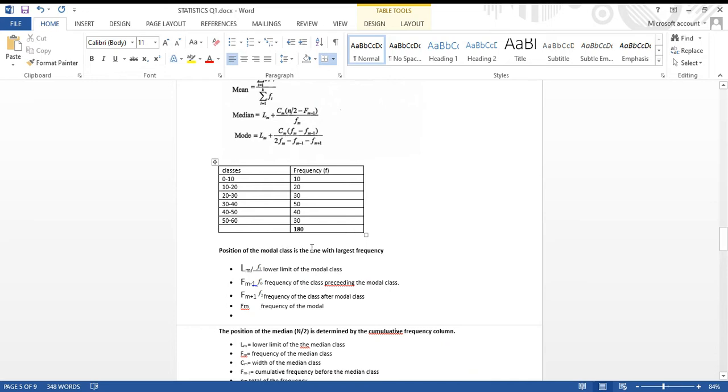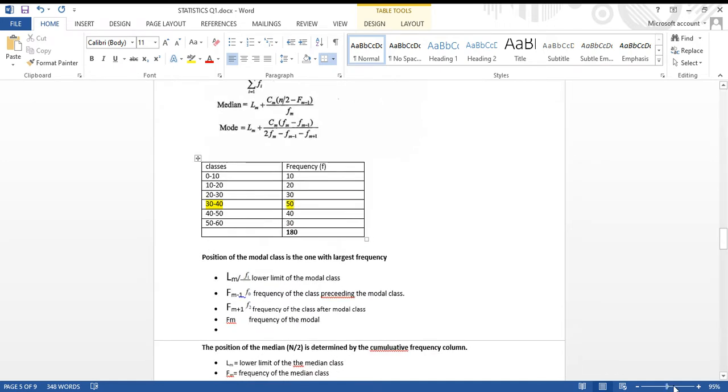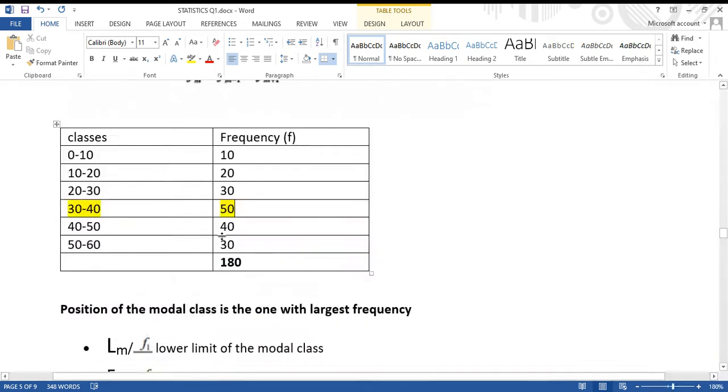The position of the modal class is the one with the largest frequency. So our modal class is this one, 30 to 40, because it's got the largest frequency, the highest frequency.